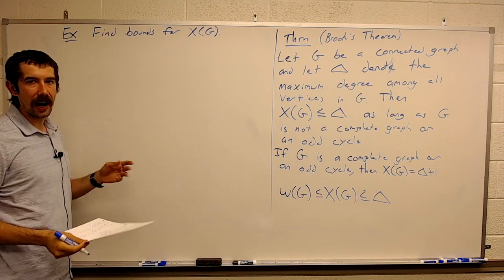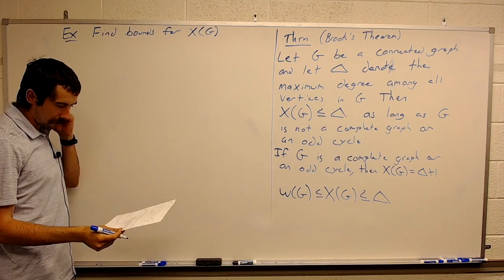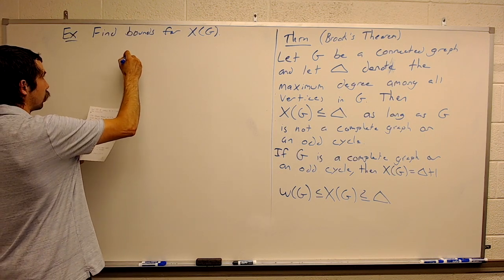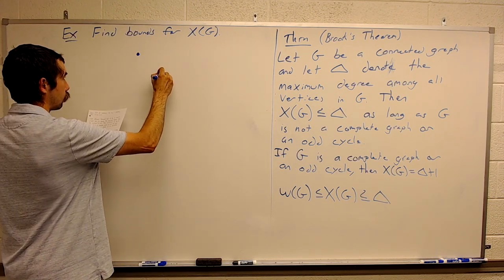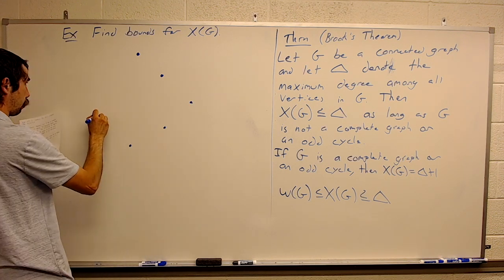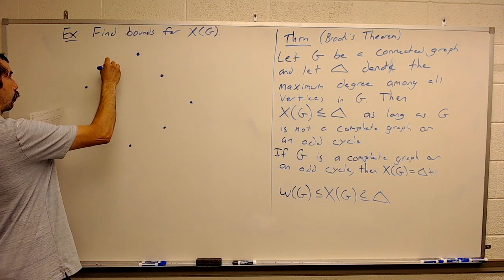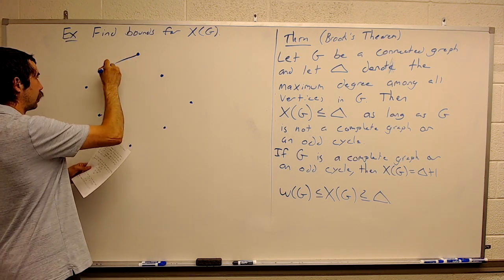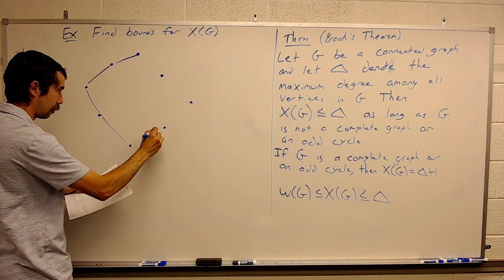We want to find bounds for the chromatic number of our graph. And our graph is the following. All right, so we have 8 vertices, and here are the edges.